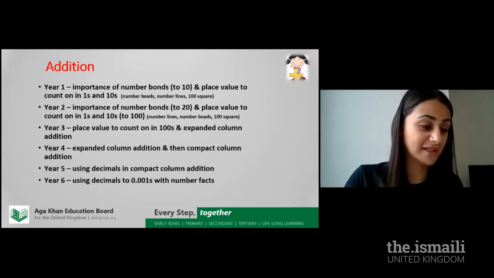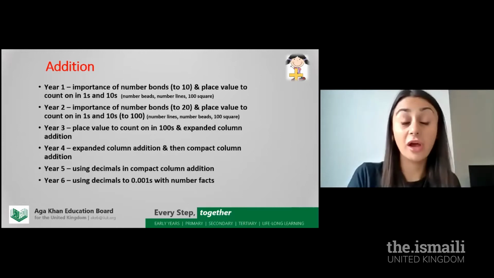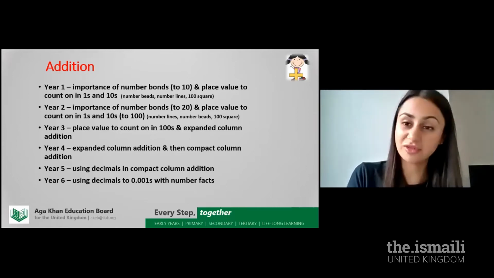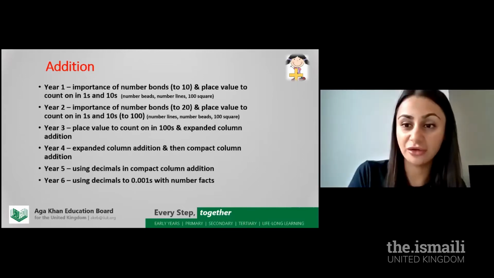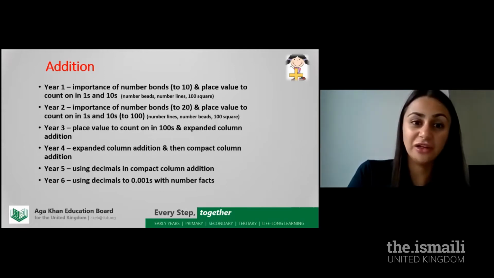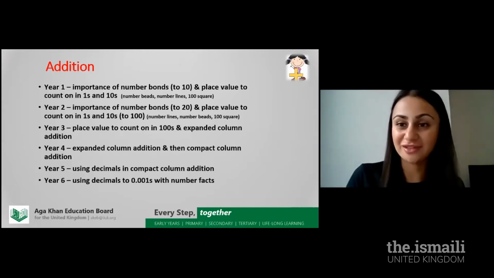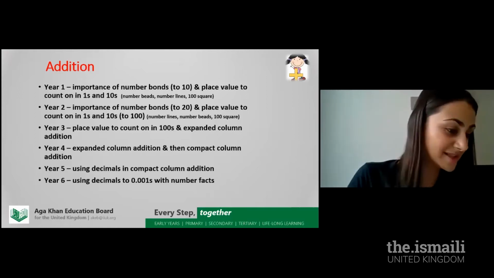Place value is extremely important right from early years and year 1. It's important that children have a very strong sense of place value, and that numbers aren't just numbers, they do hold a value. And once children have a strong understanding that numbers hold a value, the rest of the concepts like addition and subtraction and multiplication and division become much easier to embed.